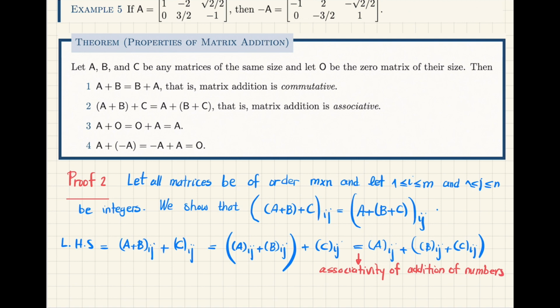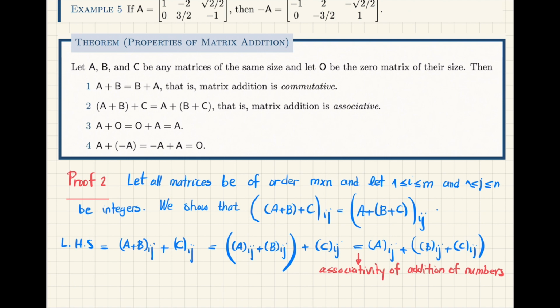We want to show that the matrix addition is associative. What we have used is not the same thing. I have used the associativity of the addition of numbers. So this will tell you that this highly depends on the associativity of real numbers, okay? If the associativity of real numbers is gone, you will not have this property, okay? Exactly. So then the rest of it, I think, is completely clear and easy.